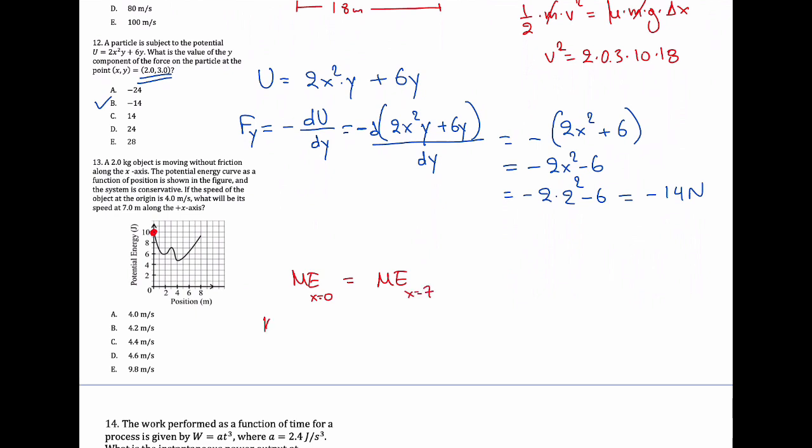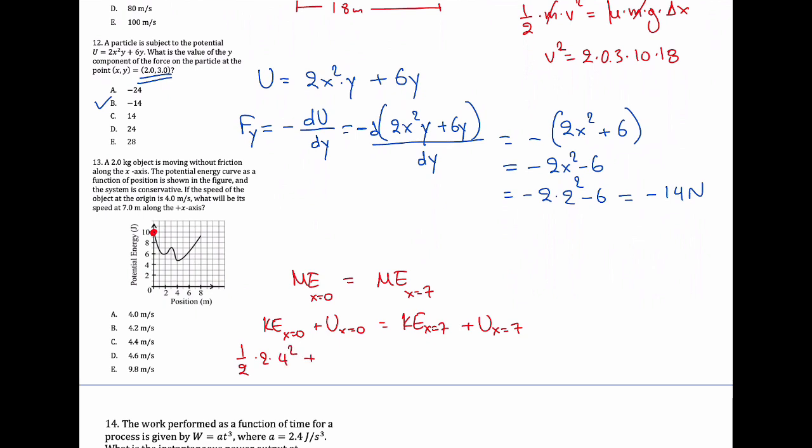Now the mechanical energy means kinetic energy at position 0 plus potential energy at position 0. It is equal to kinetic energy at position 7 plus potential energy at position 7. He tells us that the object moves with a speed of 4 meters per second, so the kinetic energy is 1 over 2 m times v squared.